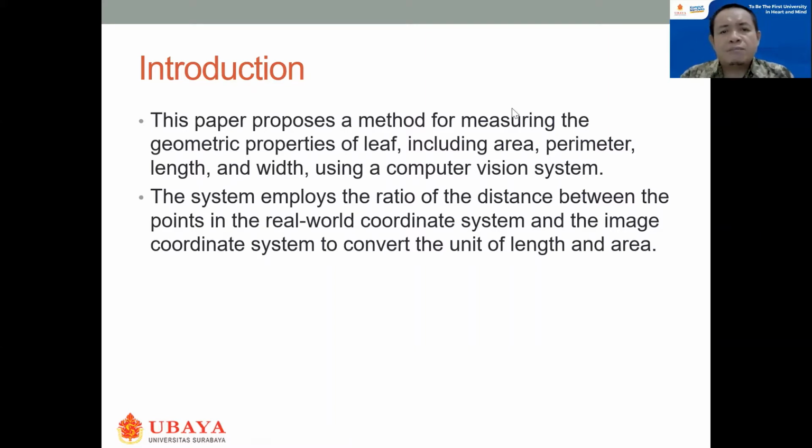And the system employs the ratio of the distance between the point in the real world coordinate system and the image coordinate system to convert the unit of length and area, from pixel to centimeter or from pixel square to centimeter square. This process can be performed using camera parameters, both intrinsic and extrinsic camera parameters.